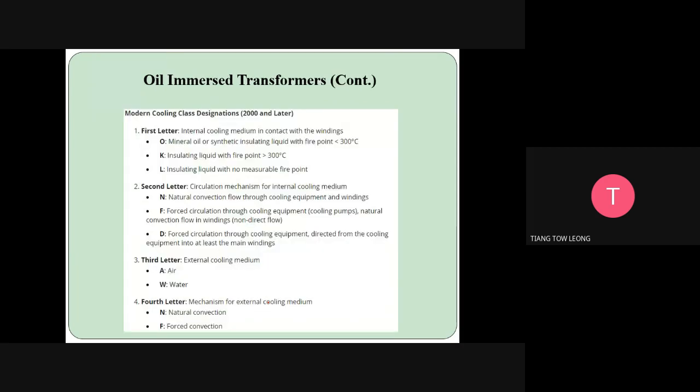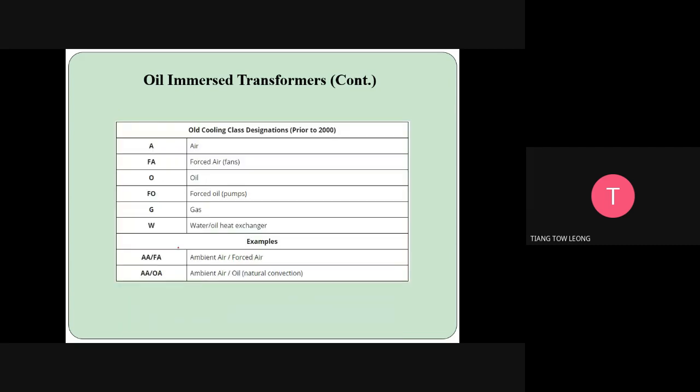For example, O is for mineral oil, K is a liquid, L is an insulating liquid with no measurable fire point. The second letter is natural or force, and D is for direct for the cooling equipment, air, water, natural, and force. Later we'll see how it is.